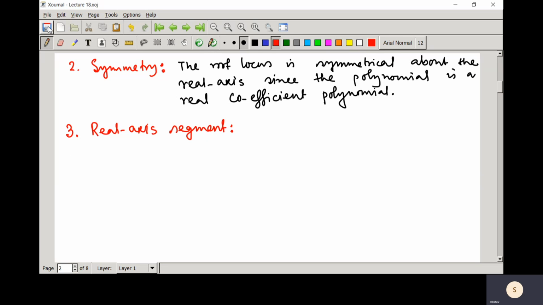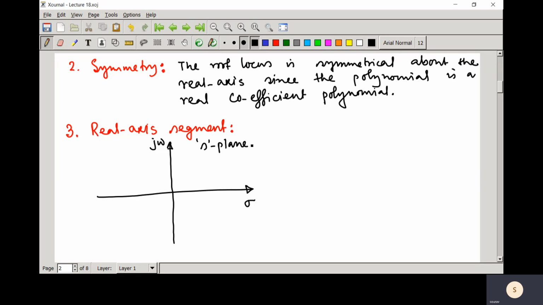Real axis segment means, if you just consider the S plane, say this is the S plane, this is sigma and this is j omega.